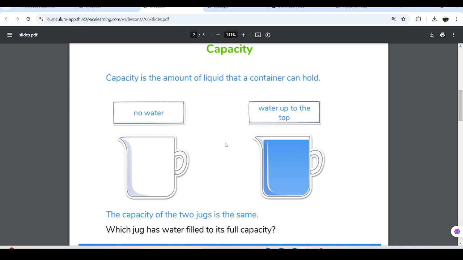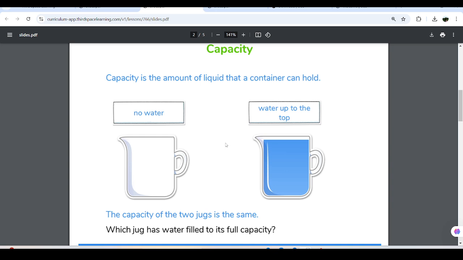Why? Because the capacity is the amount of liquid that a container can hold. So capacity is about how much a container can hold, so it will be same in both cases. But volume is not same.